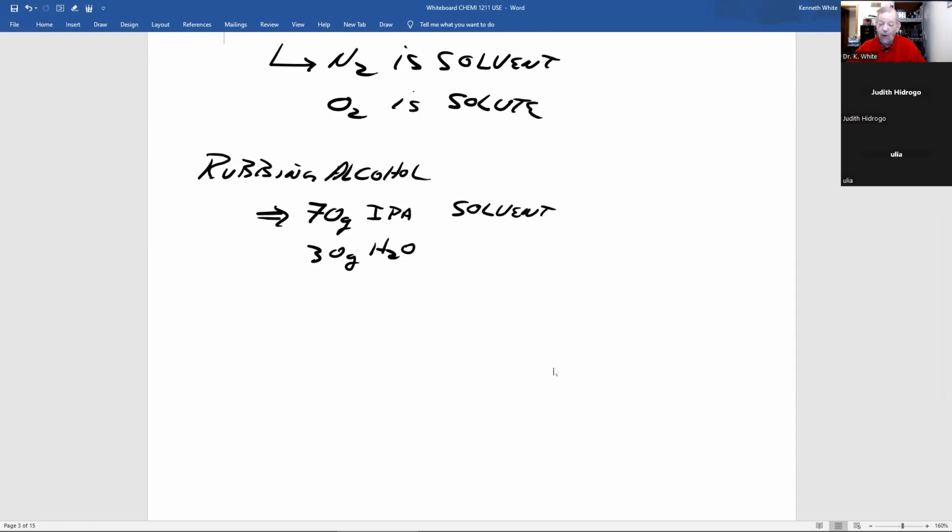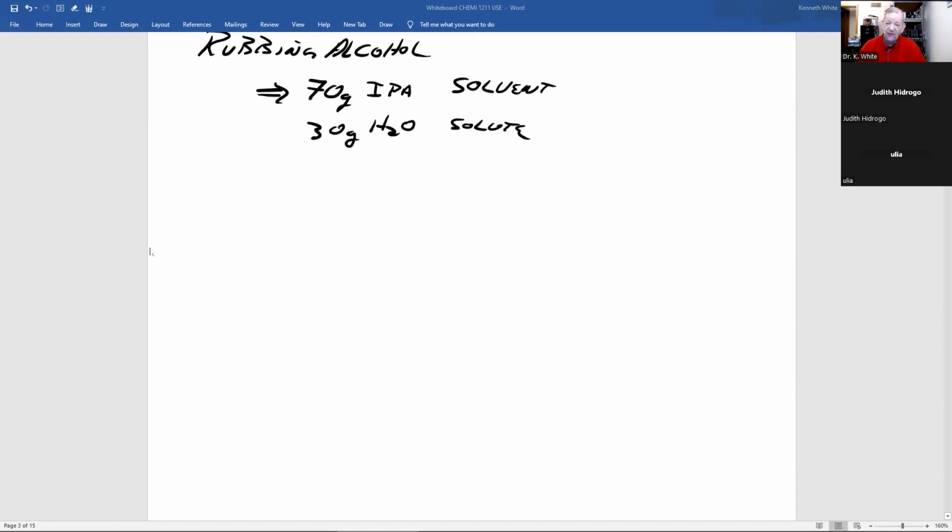And here, water would be the solute. Now, in many things in our life, water is the solvent. But as you see in rubbing alcohol, it doesn't always have to be the solvent. Let's do one more. These are fun.